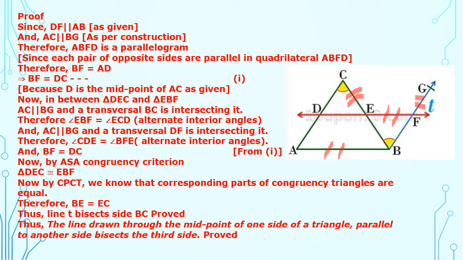Sorry, AC. Wait a minute. AC is parallel to BG. We have constructed, and DF parallel to AB is given. One pair is given, and one pair we constructed.